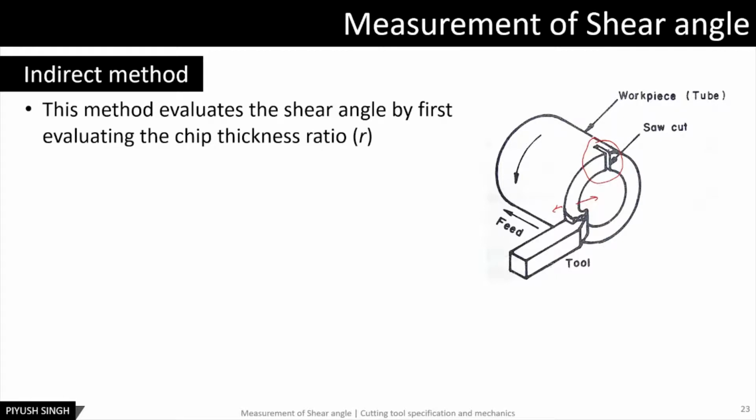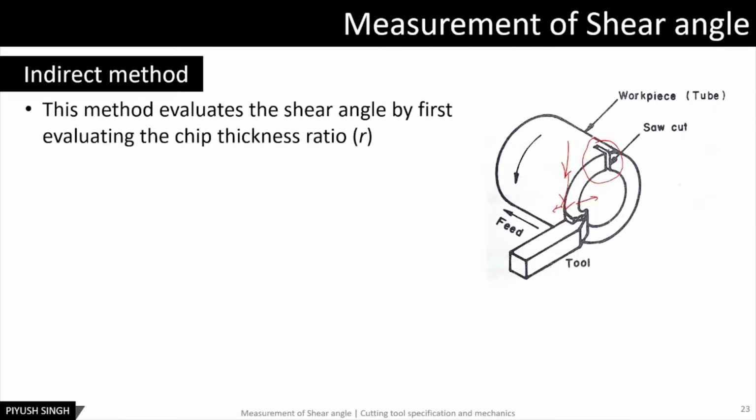The cutting edge is placed such that it is perpendicular to the cutting velocity. The cutting velocity will be in this direction, tangentially, isn't it? So this cutting edge is placed perpendicular to the cutting velocity.